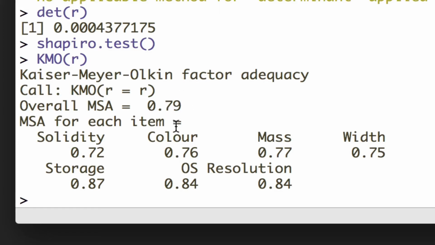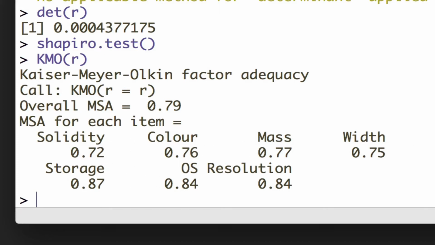Now, Kaiser 1974 wrote that values of 0.5 are barely acceptable, and 0.7 is just getting into the range of being good. The higher you go up the scale, the more adequate your sample size is.